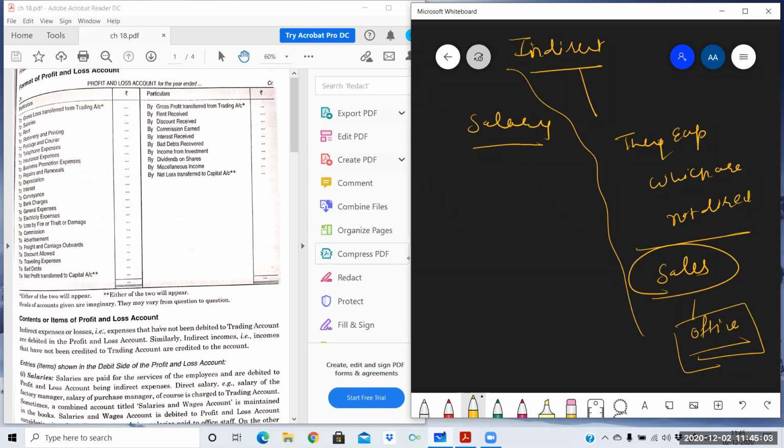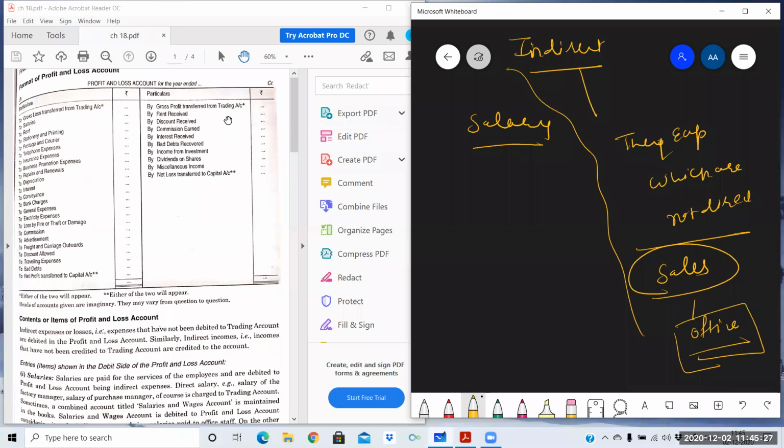So it's very easy to keep in memory the list of the direct expenses, and the rest of the expenses will be known as indirect. No need to learn the heads of the indirect expenses. Just keep in mind all the direct expenses, and any other expense which is not in the list of direct expenses will be known as indirect expenses.